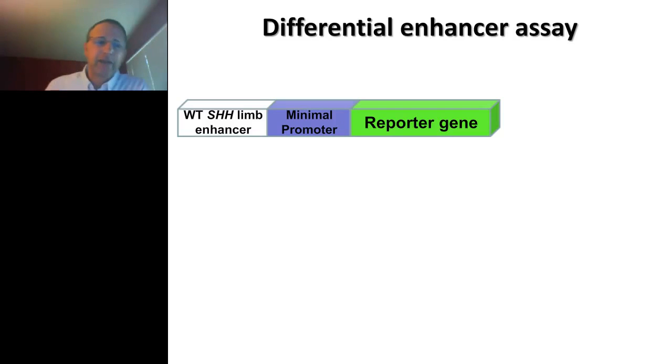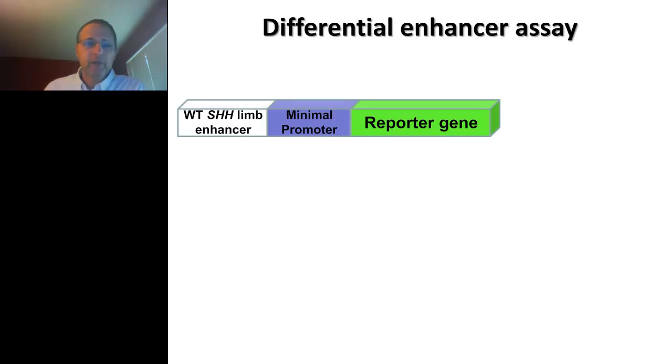If it has an enhancer right here in front of it, that will turn on the minimal promoter, and that will turn on the reporter gene right here, and that will be something we can assay, the reporter gene being something like a GFP, LacZ, luciferase, and so forth. We can measure or look at the expression of the reporter gene and see where it's expressed.